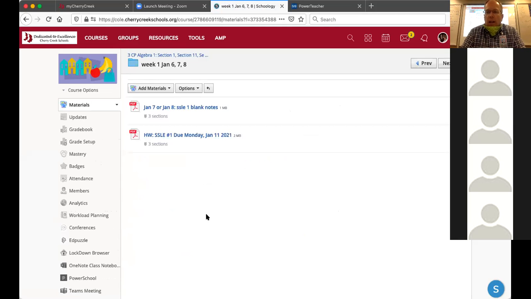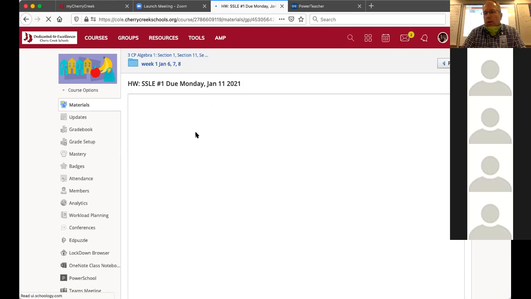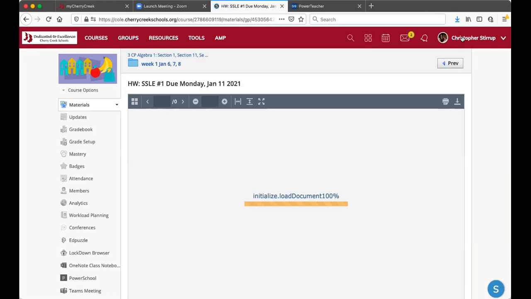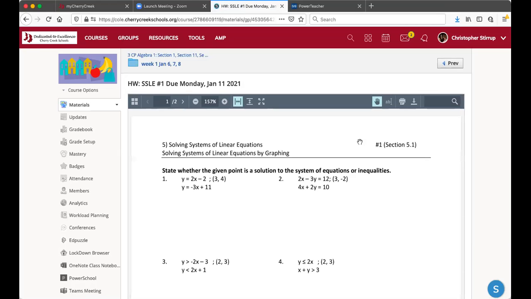And then the homework for today that'll be due on Monday is on this one. So you just have to click on it. It's your choice if you want to print that off, or if you wanted to write it down on a separate sheet of paper. As soon as that comes up, it's trying to load. Computer's doing a few things at once.